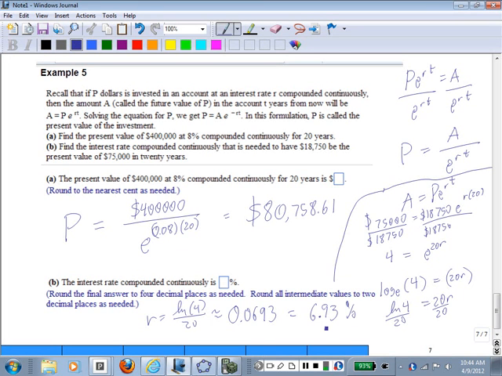So I'm not sure what they meant by the distinction between final and intermediate, but it's going to want 6.93% for the final answer. So it would take almost a 7% interest rate to quadruple an amount of money in 20 years.